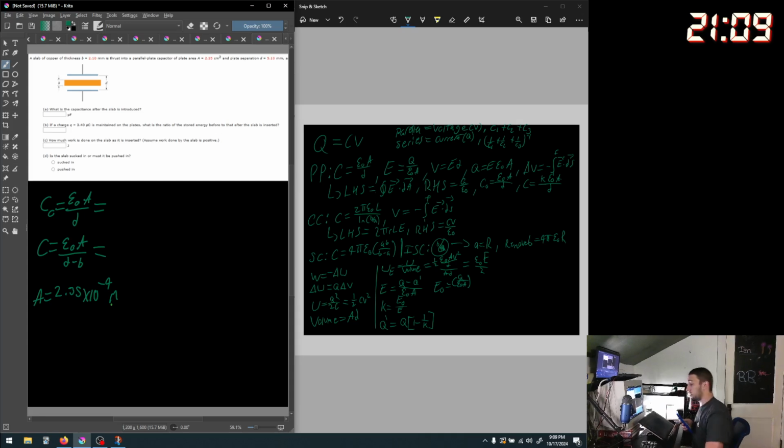And if I keep them all how they are, the answer very well might be in picofarad, but I'm not sure. So what we want to find is 8.85. Well, it actually wants it after the slab's inserted, so let's do the other one, the regular C first. 8.85 times 10 to the negative 12th times the area, which is 2.35 times 10 to the negative 4th over, let's see, 2.1 millimeter to meter.